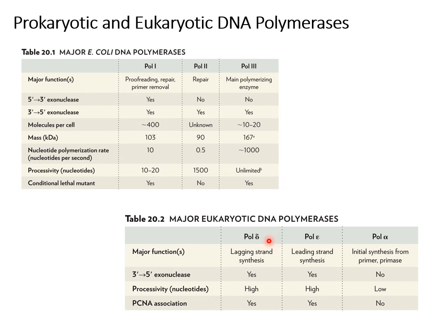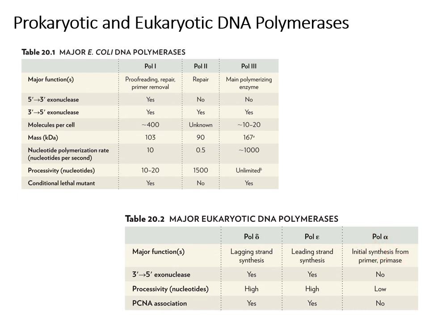In eukaryotes, you have delta synthesizing lagging, epsilon synthesizing leading, and then alpha, alpha being the first in the alphabet, that's the initial synthesis from the primer. You can think of alpha as having an initiation, primase kind of function.